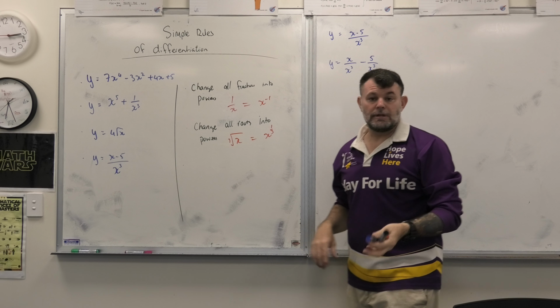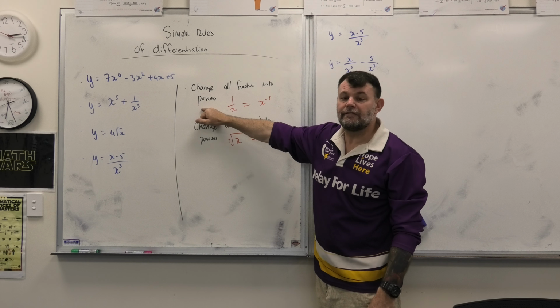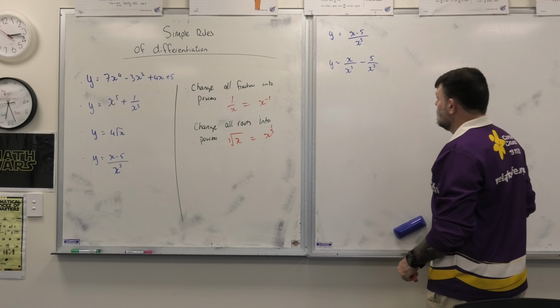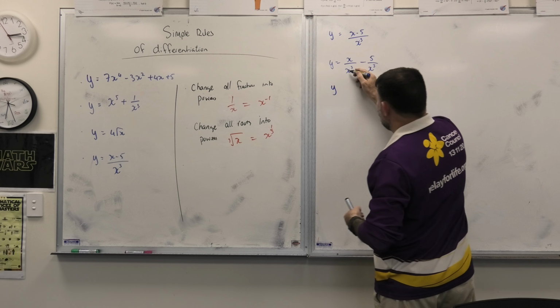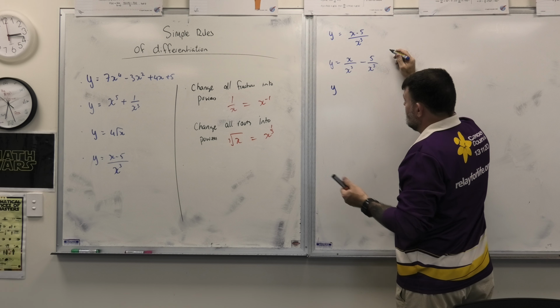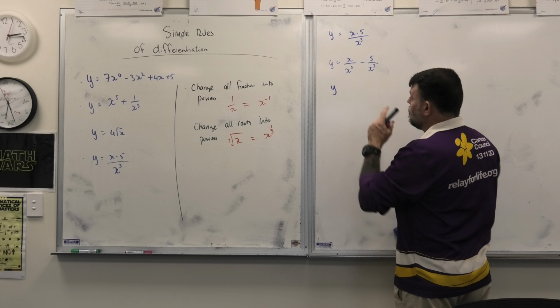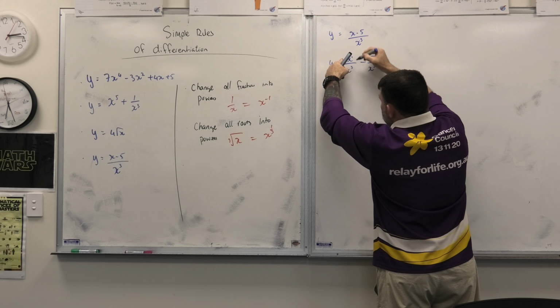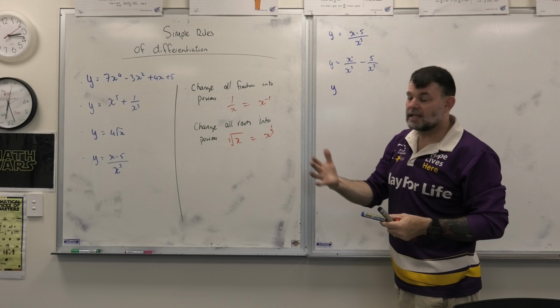So we're dividing everything by that same value. We're not ready to differentiate because now we're into a position where we have to change our fractions to powers. So if we look at this part here, I can't bring this up and do x to the power of negative 3, but what I can do is that this is division. Remember, when we're dividing bases, we subtract indices.